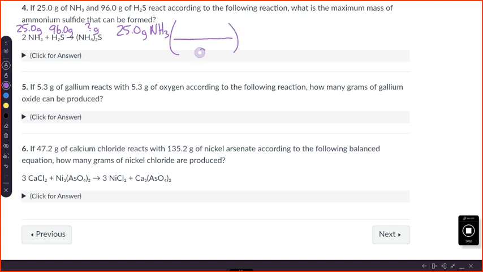We actually just had his molar mass from the previous problem. 1 mole of NH3 is 17.034 grams. Mole of NH3 to moles of what I'm looking for, which is the (NH4)2S. And that equation was balanced for us. So it looks like it's a 1-to-2 ratio.